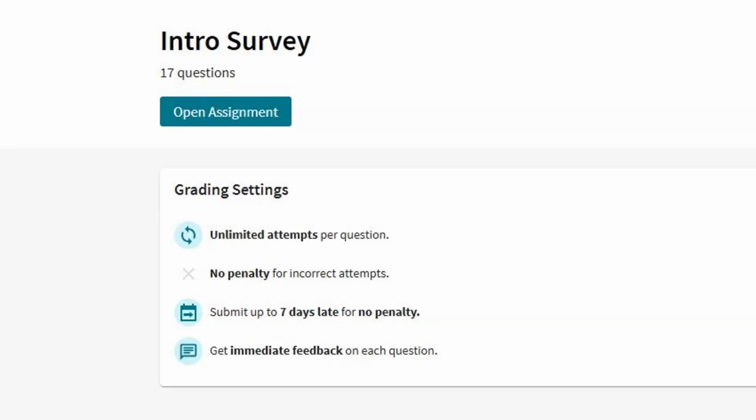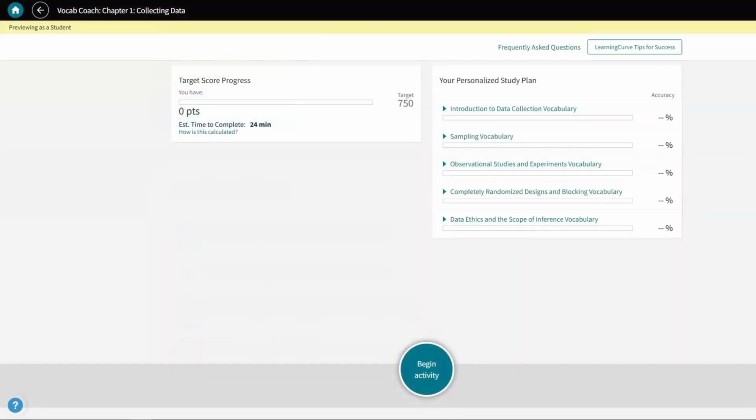And then the other one that is due within 7 days of its due date, and this one is due within 7 days for a very, very important reason, is the vocab coach. So the vocab coach is basically an adaptive learning quiz that adapts to your progress, that teaches you the vocabulary of statistics.